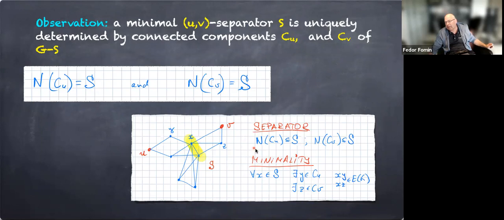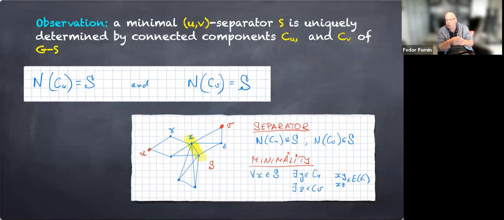So why is this so? We have to prove that the open neighborhood of the component C_u is a subset of S. Well, S is a separator, so if I remove it, what remains is a component, and of course every neighbor of the component should be in the separator S, because otherwise it's not a separator.